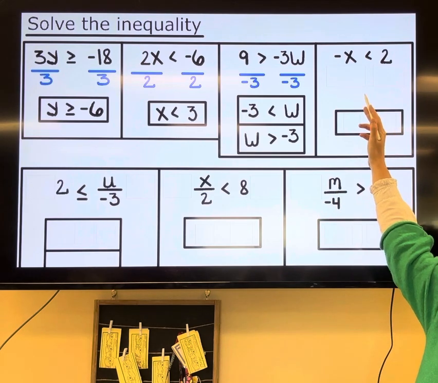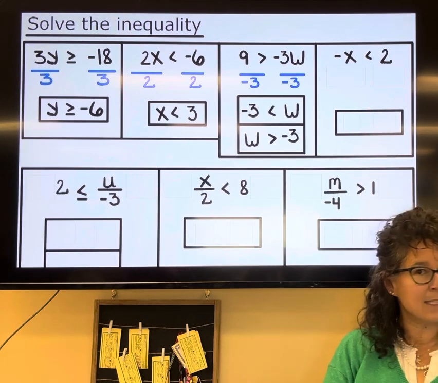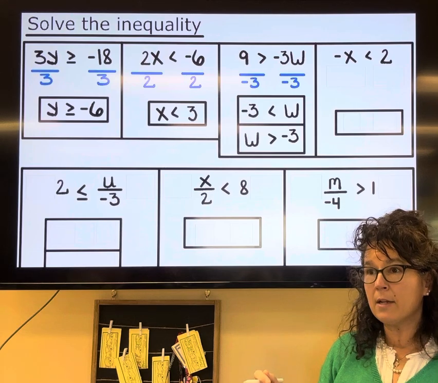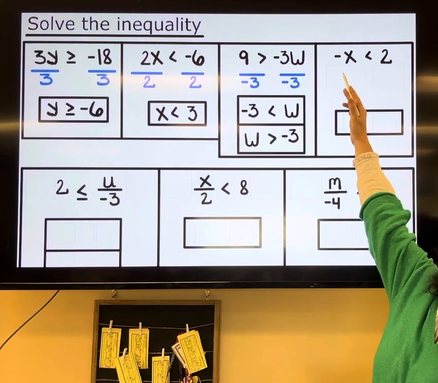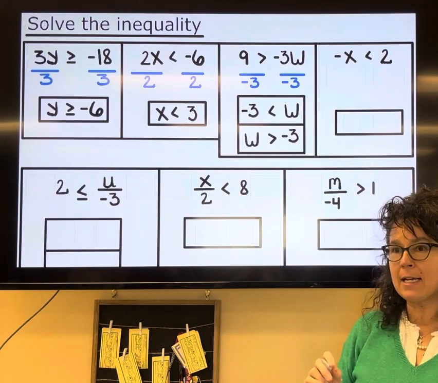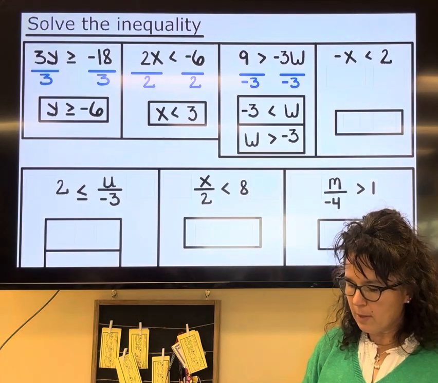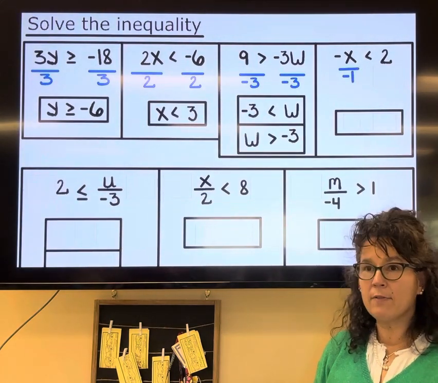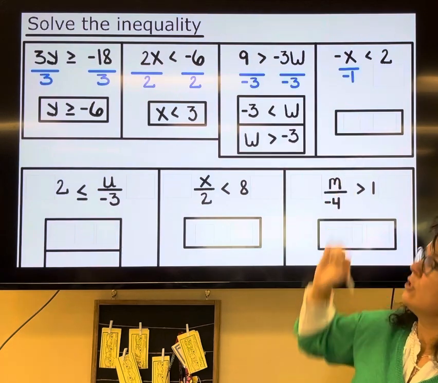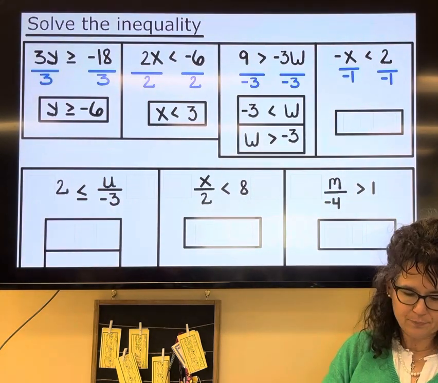Okay, this one here, the negative in front of the x is the same thing as negative 1. So this is saying negative 1 multiplied by x. To get rid of multiply by negative 1, I want to divide by negative 1. What I do to one side, I do to the other.